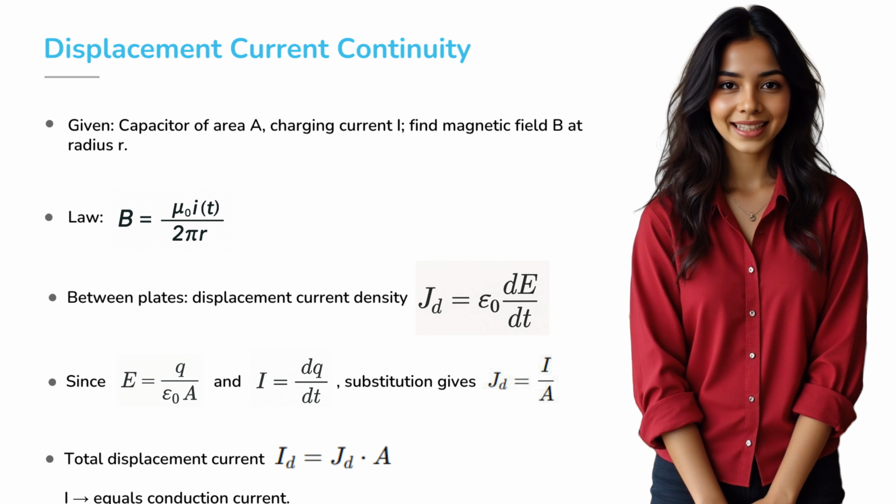Step 2. In the gap, the electric field is E equals Q divided by epsilon naught times A. Differentiating with respect to time and noting that dQ by dt equals I, we get displacement current density J sub d equals epsilon naught times dE by dt, which equals I over A. Multiply by area A, and voila, I sub d equals I. So the displacement current in the capacitor gap is exactly equal to the conduction current in the wire.